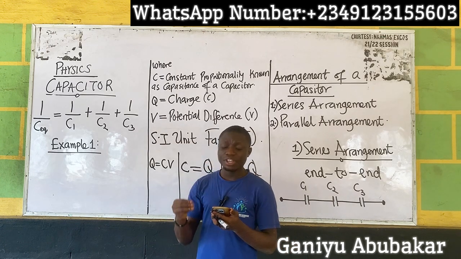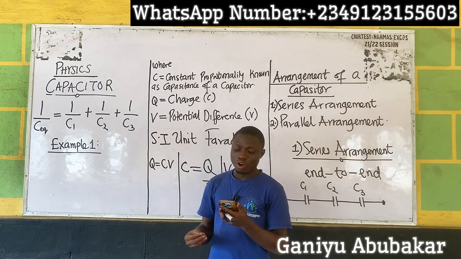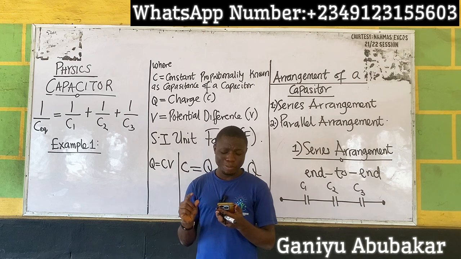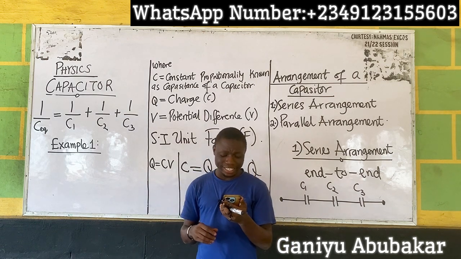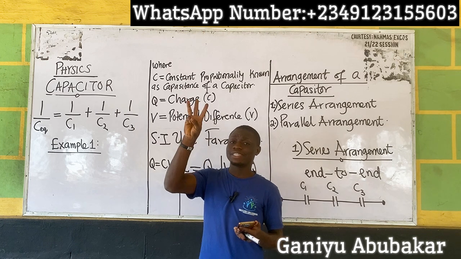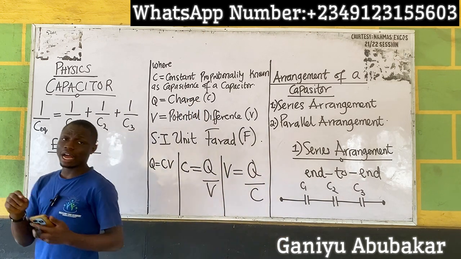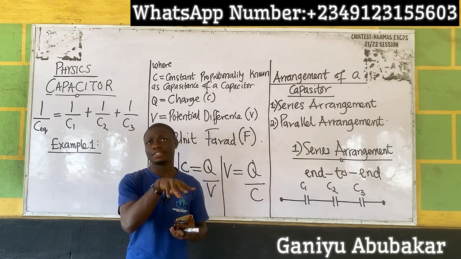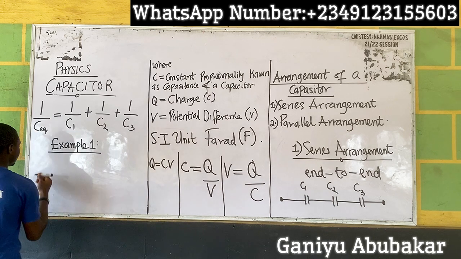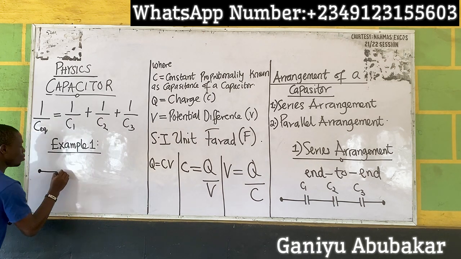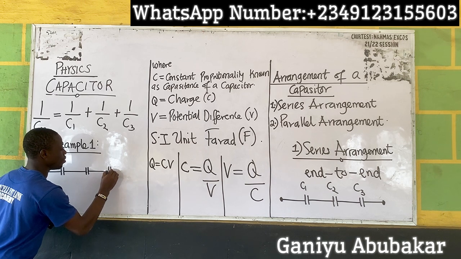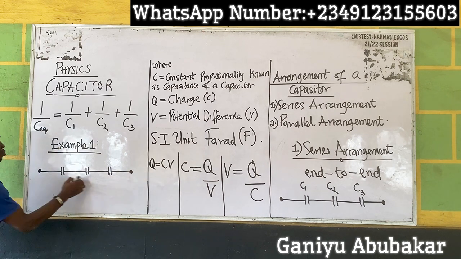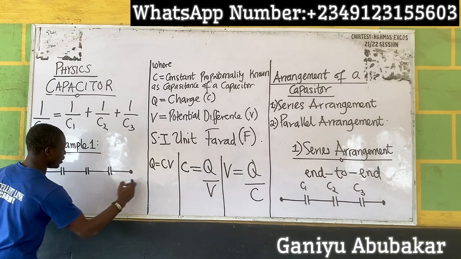It says three capacitors of capacitance 2 microfarad, 3 microfarad and 4 microfarad are arranged in series. So I have three capacitors in series, so I should have something of this nature: 1, 2, 3, arranged in series in this format.